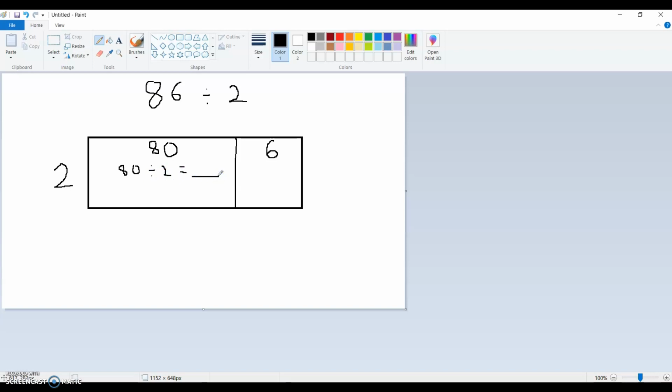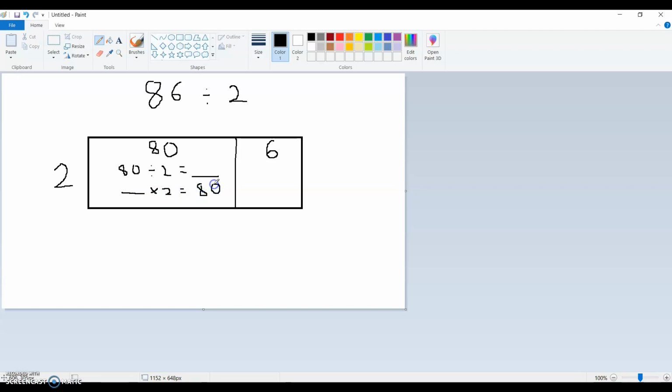Now, as we know, multiplication and division are like two sides of the same coin, meaning we can always flip them around. So 80 divided by 2 equals something is the same thing as something times 2 equals 80.